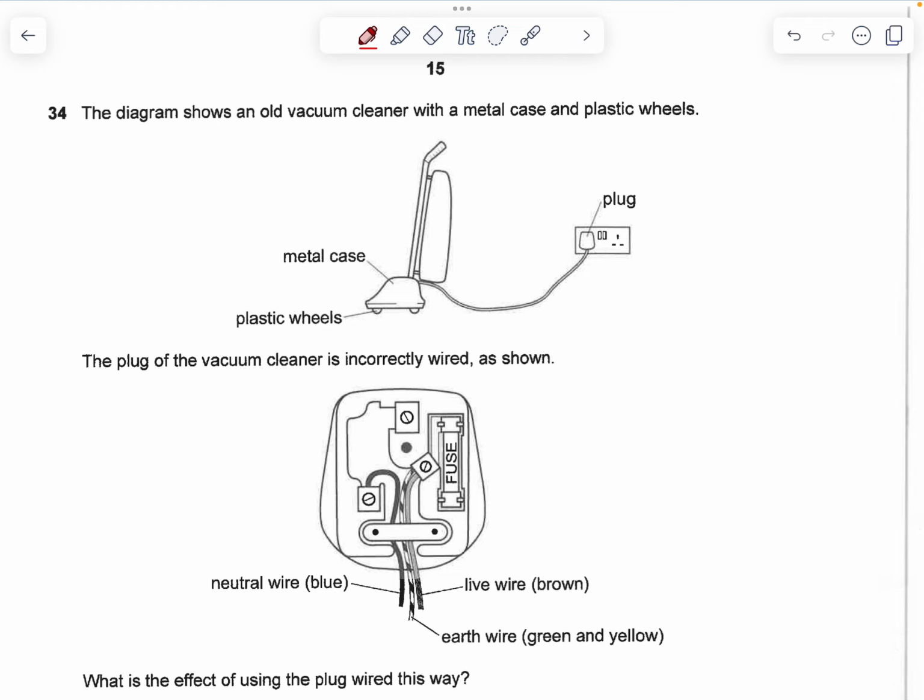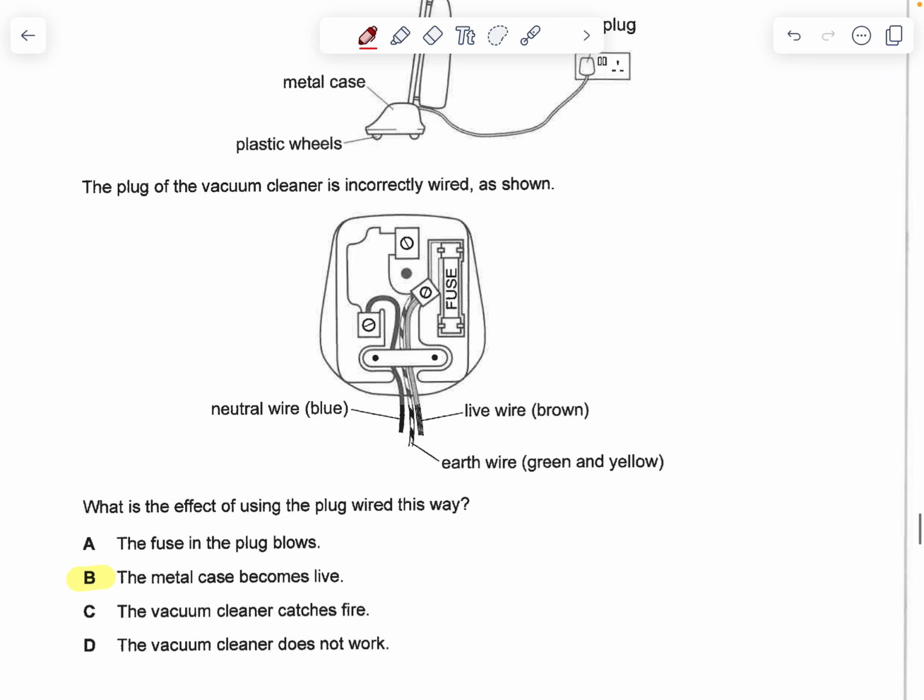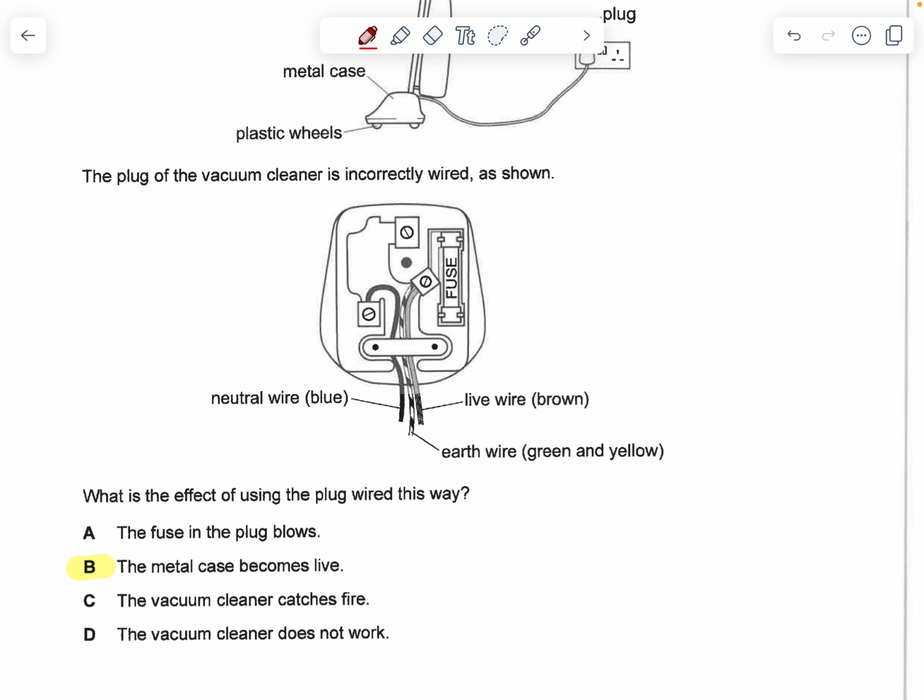Question 34. The diagram shows an old vacuum cleaner with a metal case and plastic wheels. The plug of the vacuum cleaner is incorrectly wired as shown. What is the effect of using the plug wired this way? You can see that what's wrong is now the earth and the live are connected to the fuse.